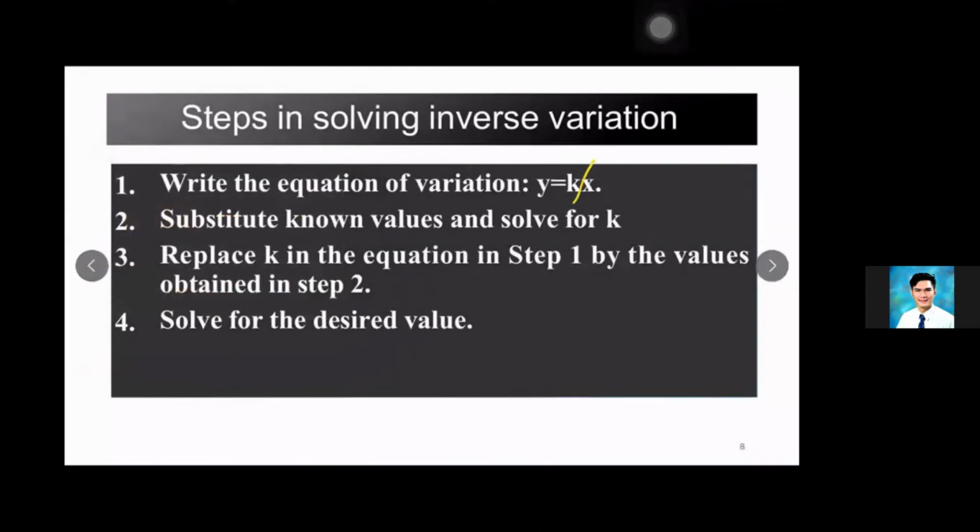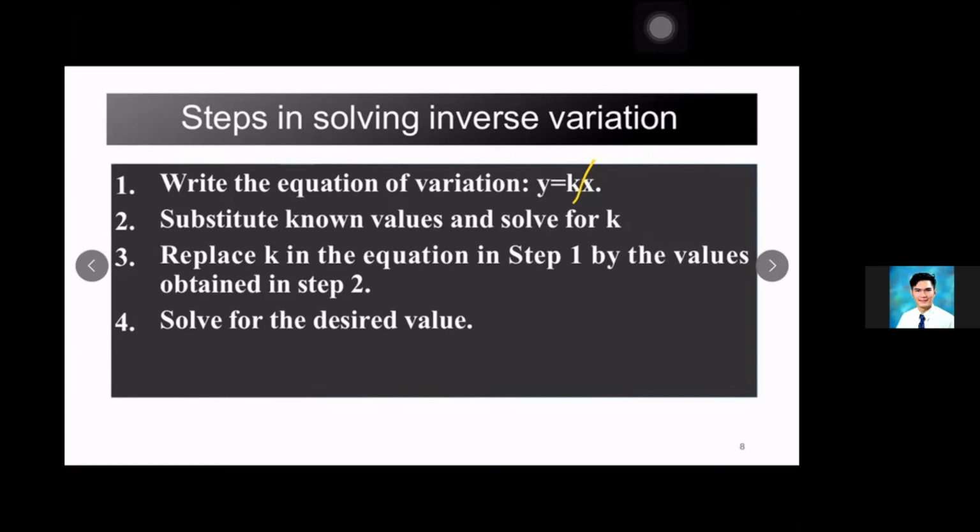Step number 2 is substitute the known values and solve for the value of k. Step number 3 is replace k in the equation in step number 1 by the value obtained in step number 2. And lastly, solve for the desired value, or solve the unknown.